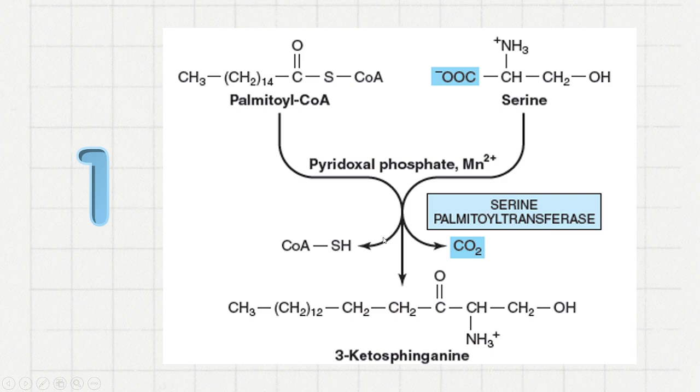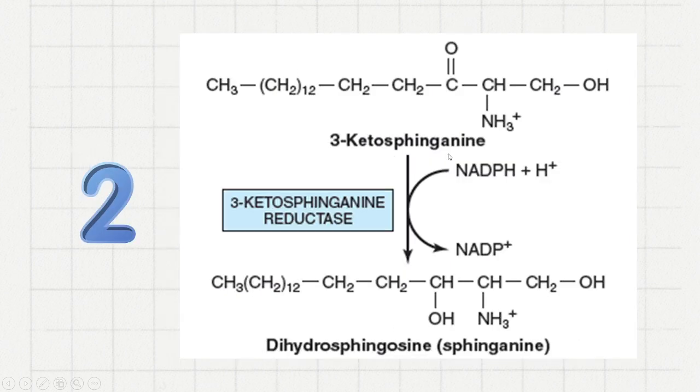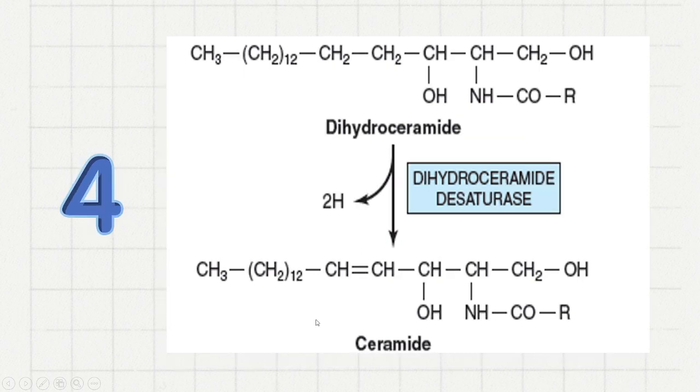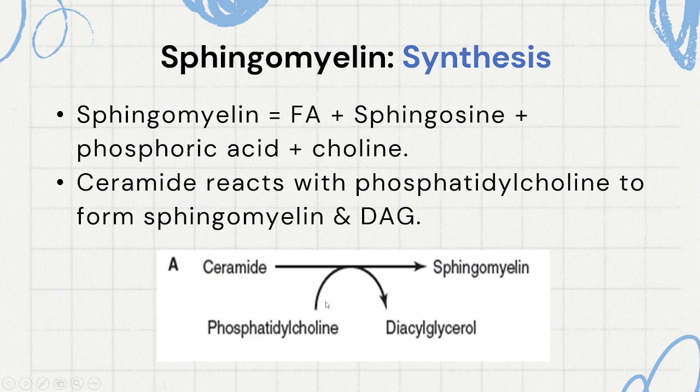Carbon dioxide and CoA are released to form 3-ketosphinganine. 3-ketosphinganine is reduced to dihydrosphingosine, which is then acted upon by a dihydrosphingosine acyl transferase, which transfers an acyl residue to the molecule to form dihydroceramide, which will be desaturated to ceramide.